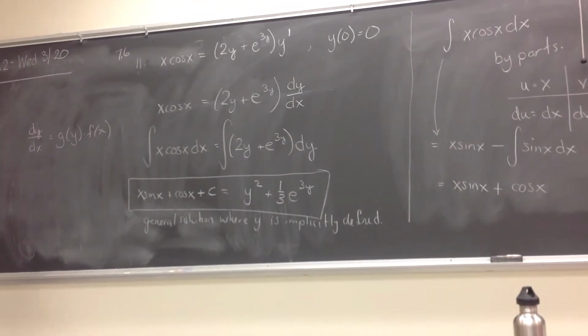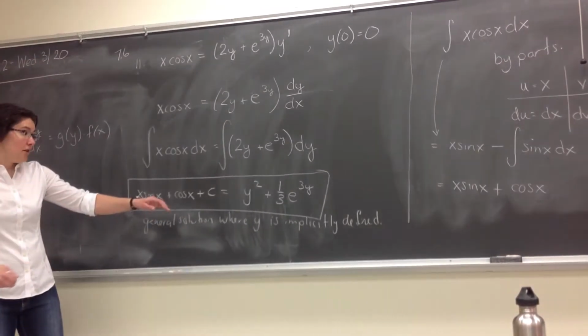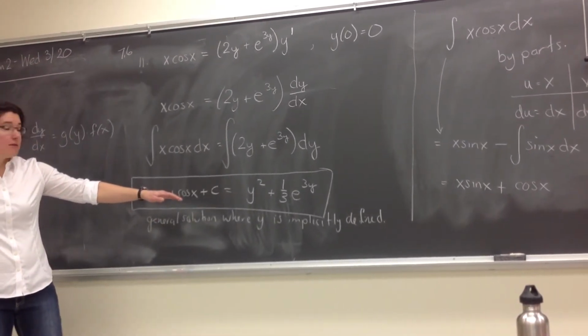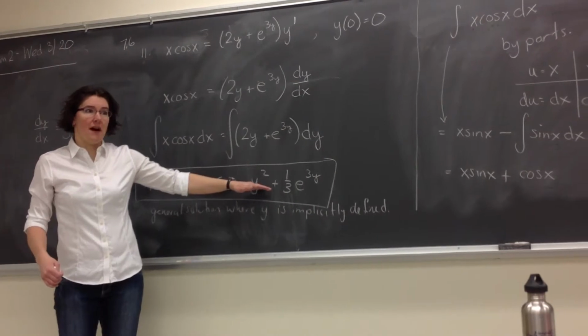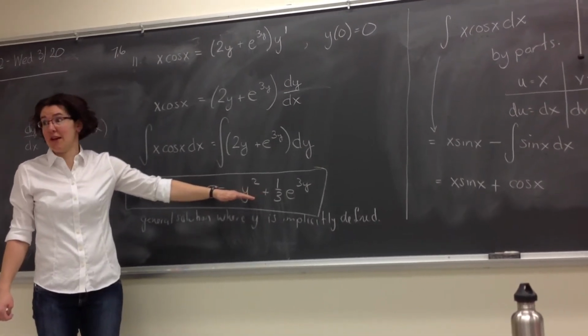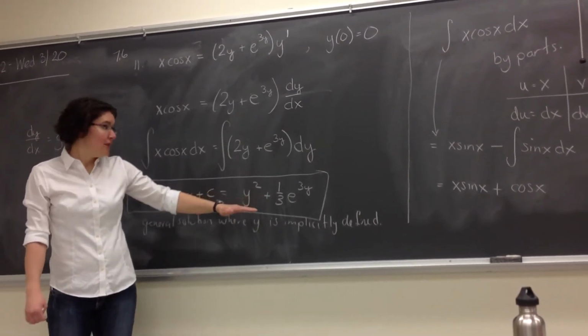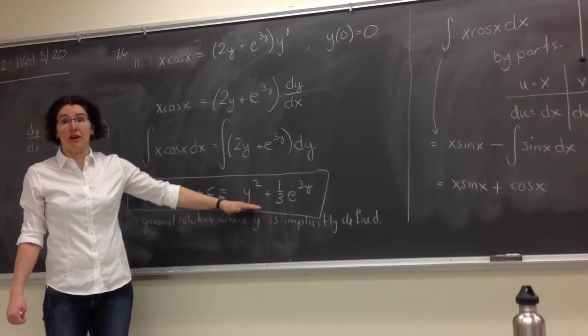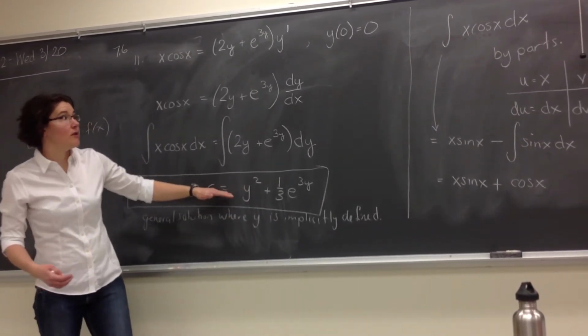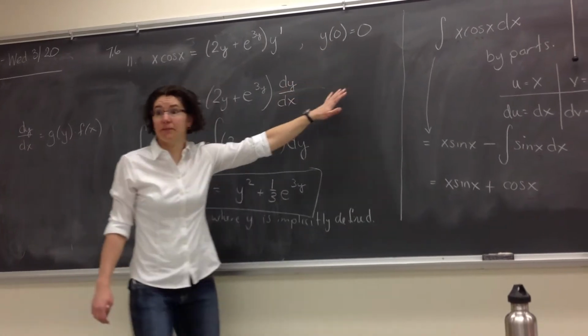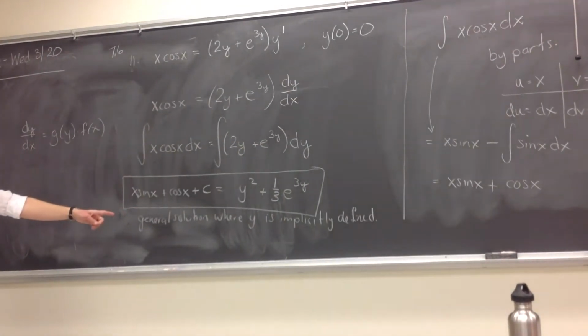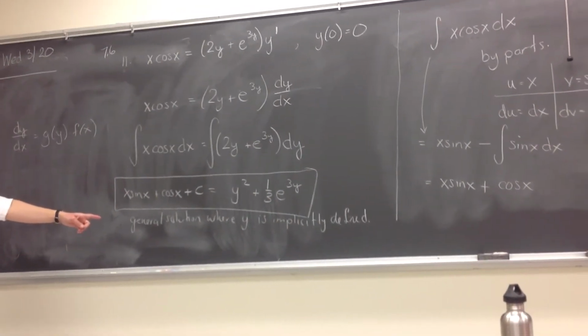If life was fabulous and awesome, and we're really lucky all at the same time, then we'd be able to solve this equation for y. I don't see that happening in this particular example. So in this particular example, this is as far as we can go with the general solution. Our next step is going to be to use our initial condition. Any questions so far? Okay.